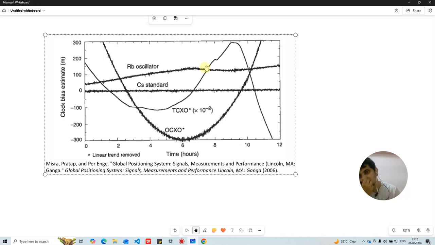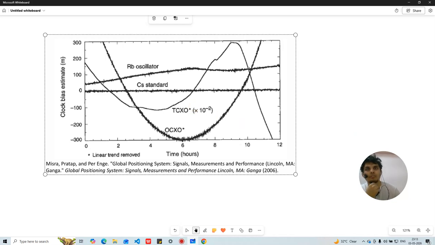So you see clock bias, CS standard, TCXO, OCXO in time, hours. Okay, kind of strange. RB oscillator, CS, TCXO, OCXO, oven controlled crystal oscillator.